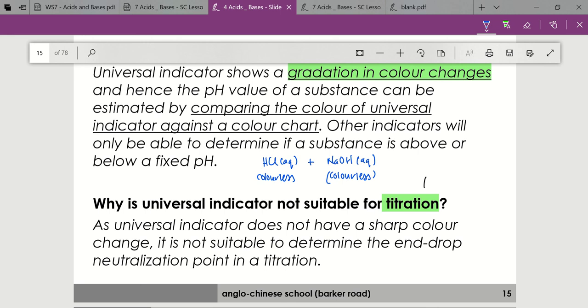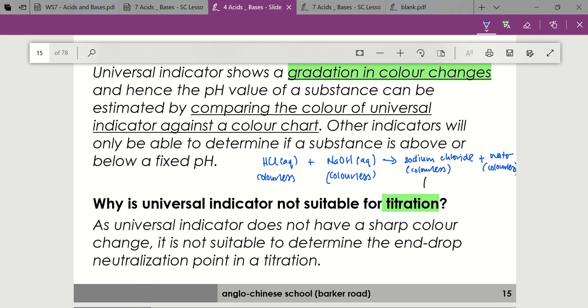If I want to know how much acid is required to neutralize this certain volume of sodium hydroxide, I wouldn't know by just mixing the both of them together, because what I will end up getting is sodium chloride, which has also a colorless appearance, and water, which is also colorless. So in this entire reaction, the only thing that I'll see is a colorless solution, nothing else.